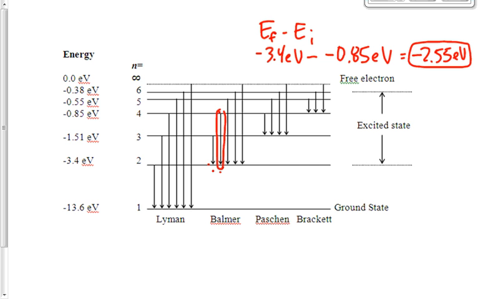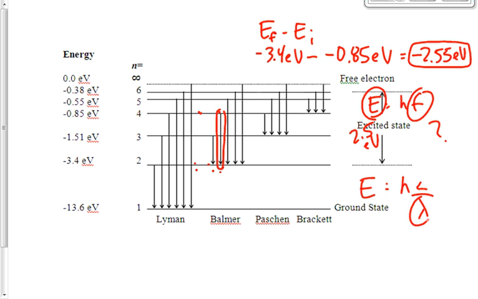The energy of that photon is the difference in energy between the levels. The frequency is simply going to be found by taking the energy of the transition, 2.55 electron volts, and solving for the frequency. If you wanted to find the wavelength, you do almost the same thing. You've got the energy of the transition, let's solve for the wavelength.